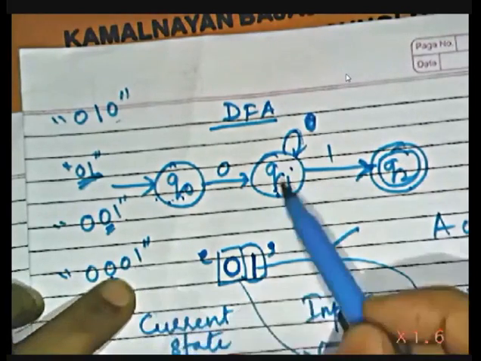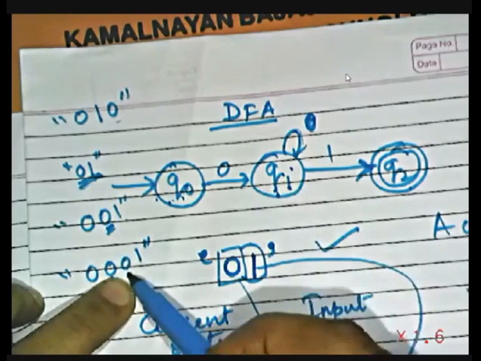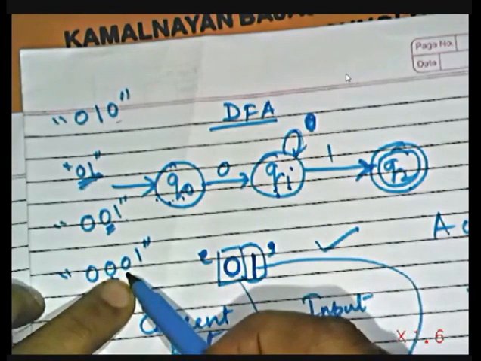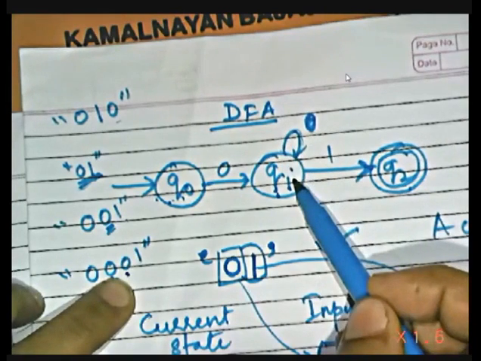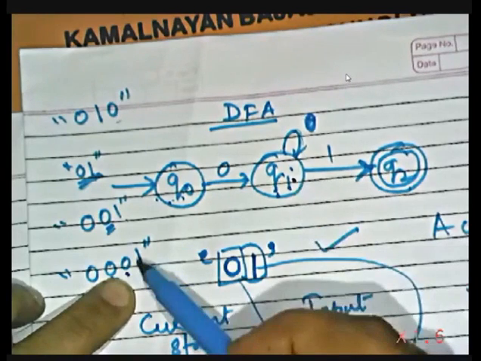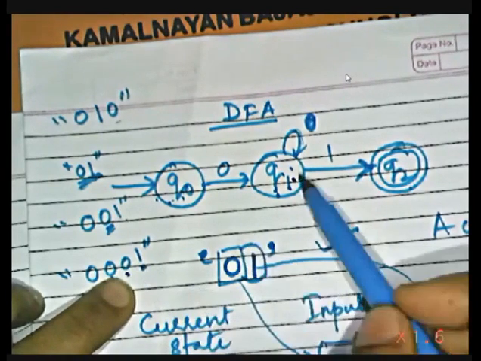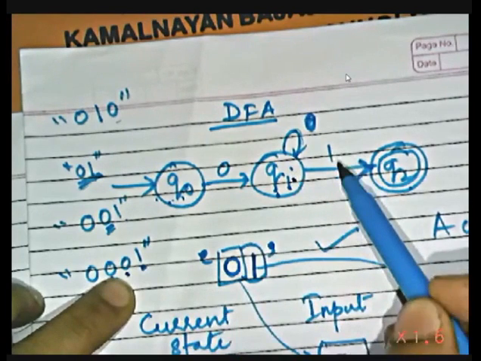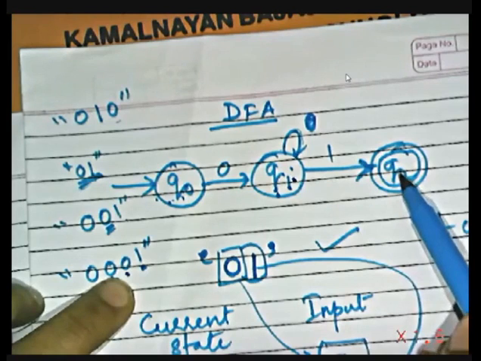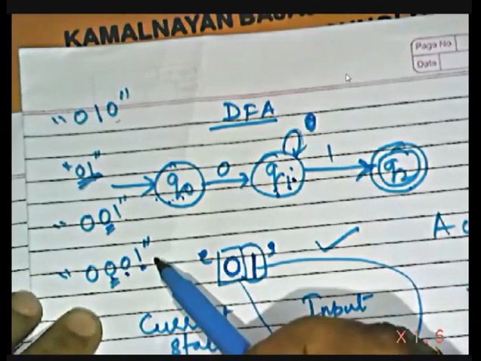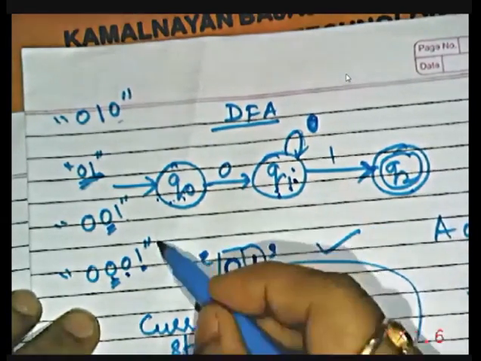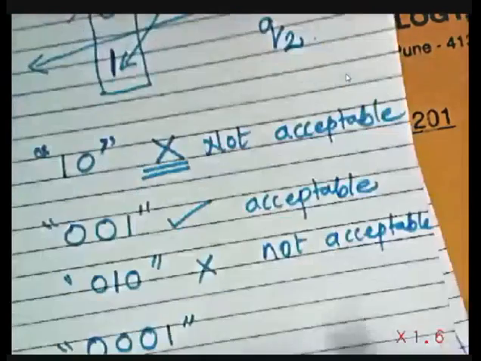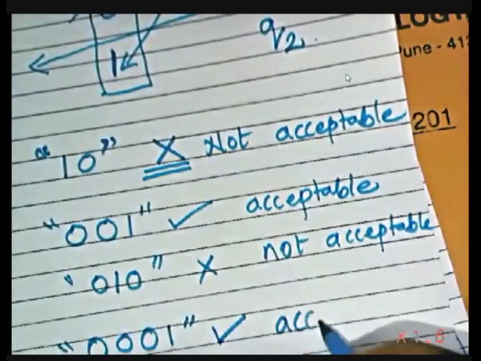So the second 0 is also read. Now again it is in Q1 and it is reading 0, the third 0. So again after reading 0 at Q1, it will be coming back to Q1. So when it is reading 1, it will move to Q2, right? So my total string is also read and I have also reached the final state. So finally the conclusion is this is acceptable.